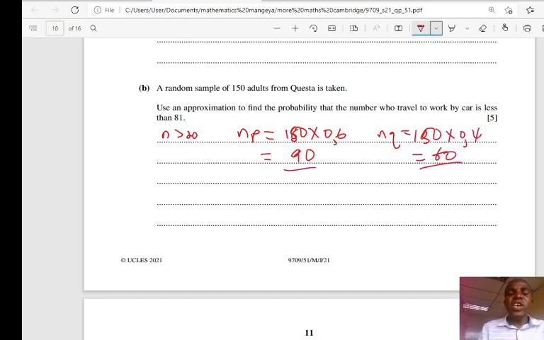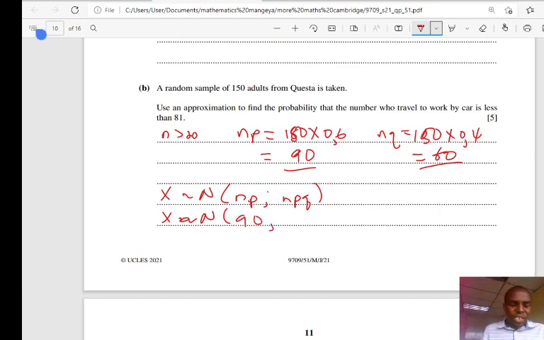So you can use the normal approximation to the binomial distribution. From that we can say X follows a normal distribution with mean np and variance npq, which means X will follow a normal distribution with mean 90 and variance npq, which is 90 times 0.4, that is 36.